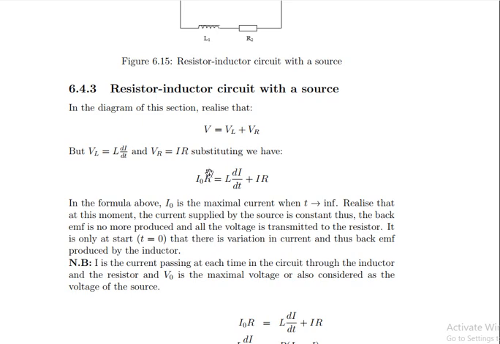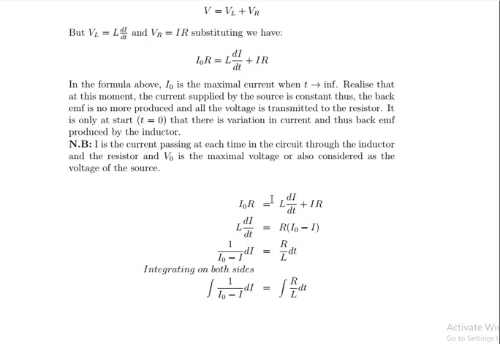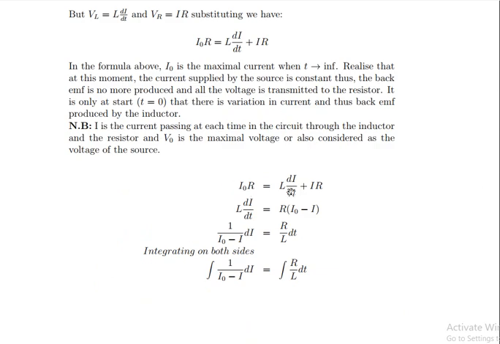So I0 times R is going to be the maximal voltage. This is the current in the circuit, IR, and this is L di over dt due to the voltage of the inductor. So when you have this, we place the di all over dt on one side of the equation, and we are going to integrate both sides.